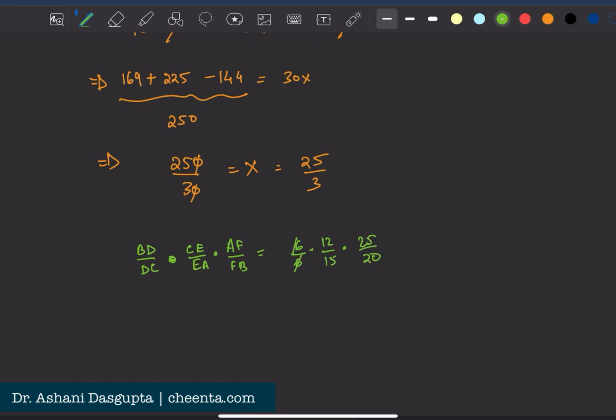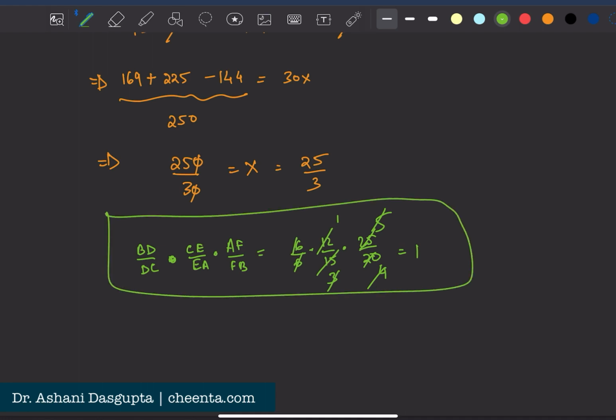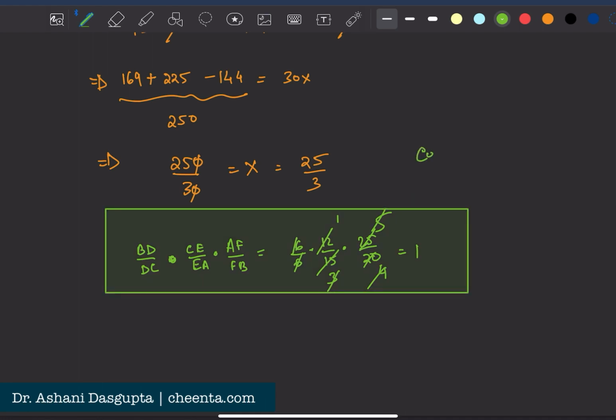So 6 over 6 cancels off, and 12 over 15 gives you 4 over 5, 5 cancels off, 4 cancels off. So this is 1. So then this product is 1. So by the converse of Ceva's theorem, we are done.